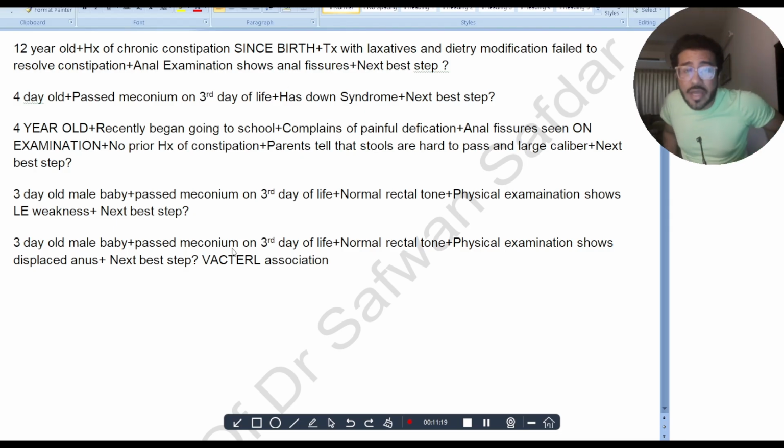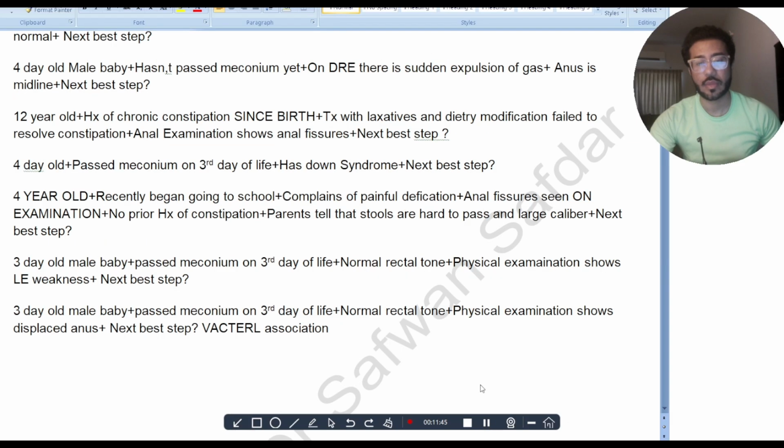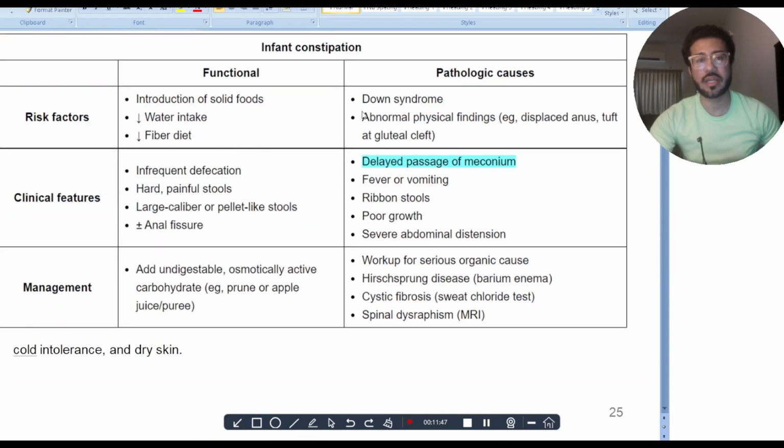So no diagnostic test really required for this, because it's gonna be apparent on physical examination. And if you suspect tracheoesophageal fistula, it is confirmed by passing a nasogastric tube, and the nasogastric tube would be unable to be passed. That is how you confirm tracheoesophageal fistula. But if you get a displaced anus, just remember VACTERL association and pick any of the diagnostic modalities that come forward. So let's just review a table here as well.